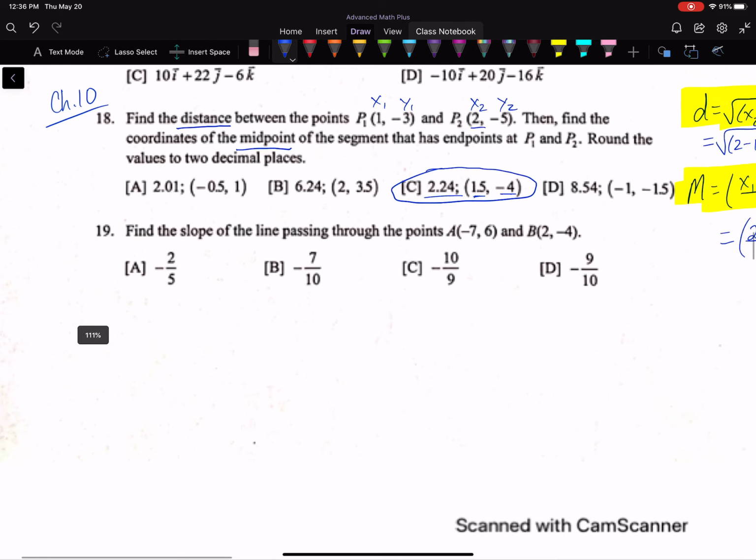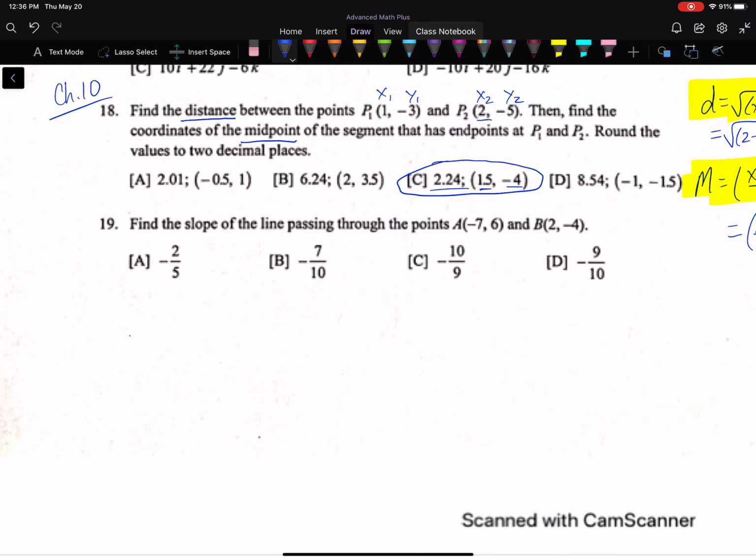Okay? Slope formula. So slope equals y2 minus y1 over x2 minus x1. There's another formula that you need to have memorized. Okay? And again, you just label them the same: x1, y1, x2, y2.